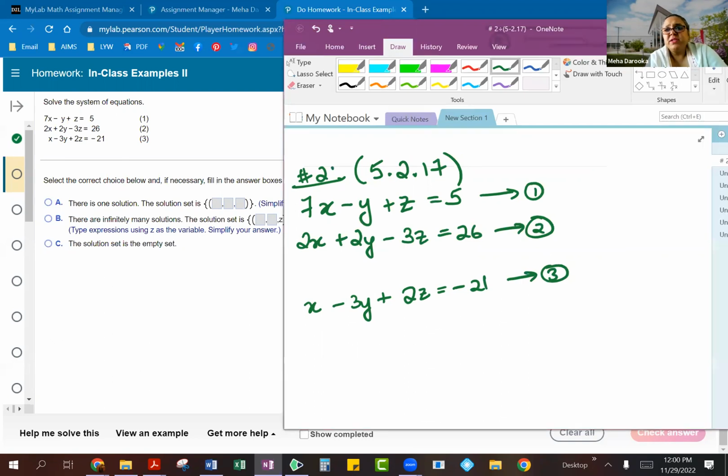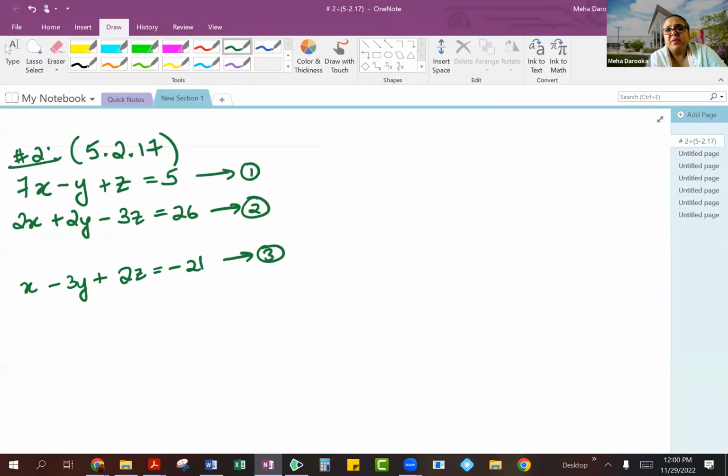So the first thing we need to see is, okay, which variable is going to be the easiest for us to eliminate. So remember, you can do this with the combination of the first and second equation, the second and the third equation, or the first and the third equation. So whatever combination will work out in the best way. So I'm looking at our y variables.